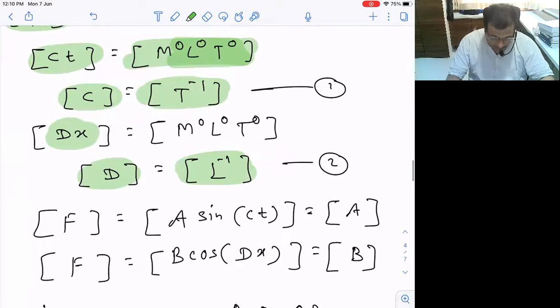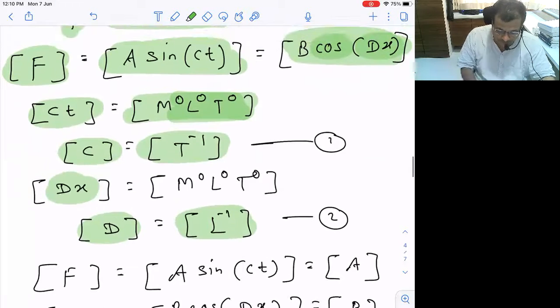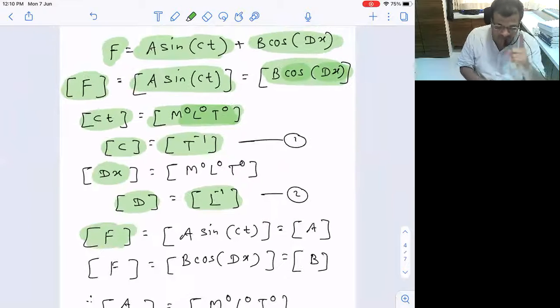Now get back to the first point, that the dimensions of force must be equal to the dimensions of A sin(ct).